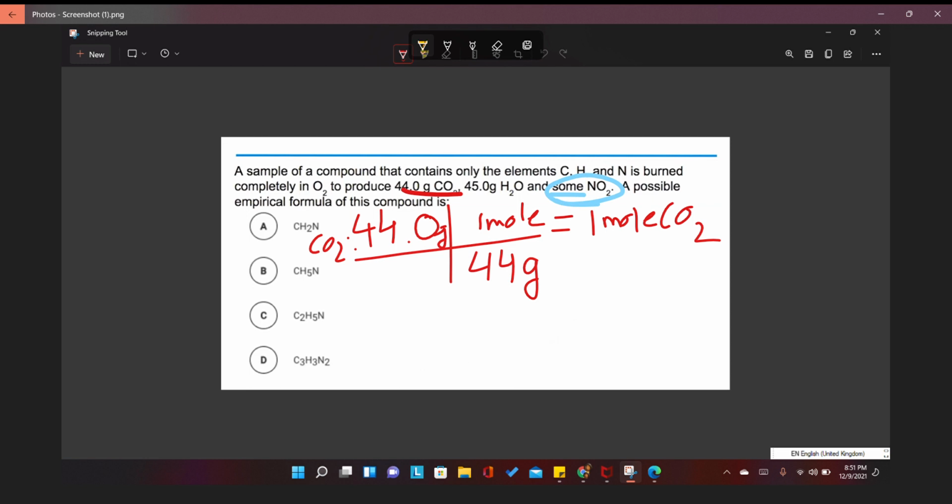And then we are going to do H2O. For H2O, we have 45.0 grams of H2O.